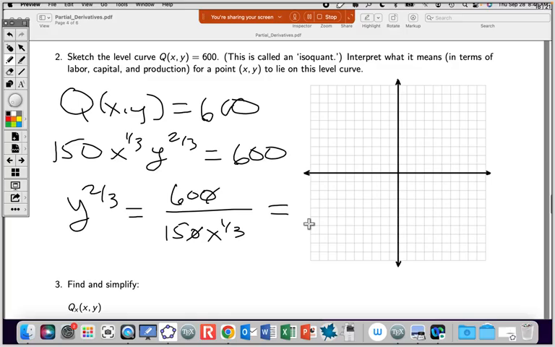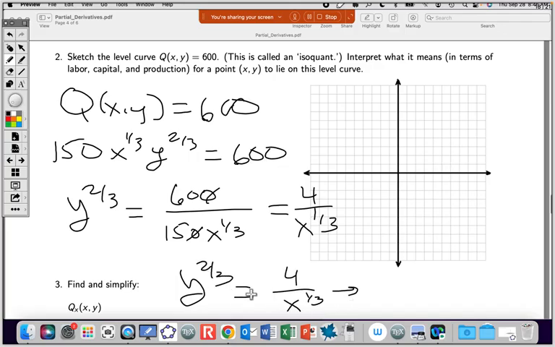That goes in nice. What's 60 over 15? That's 4. So this would be 4 over x to the 1/3. So I could have y to the 2/3 is 4 over x to the 1/3. We could get rid of the 2/3 power by cubing both sides.